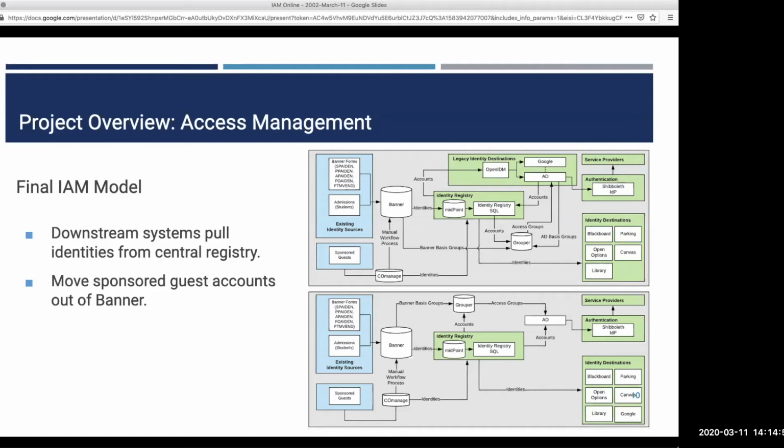And the other huge thing of Grouper is obviously allowing the distributed access management to fall more on local IT. So that's kind of an overview of our access management project.